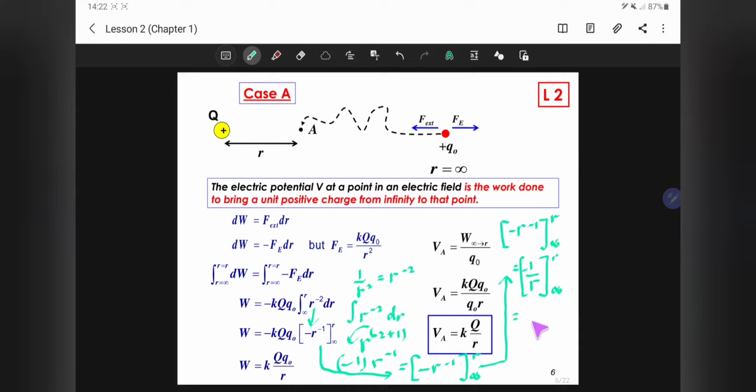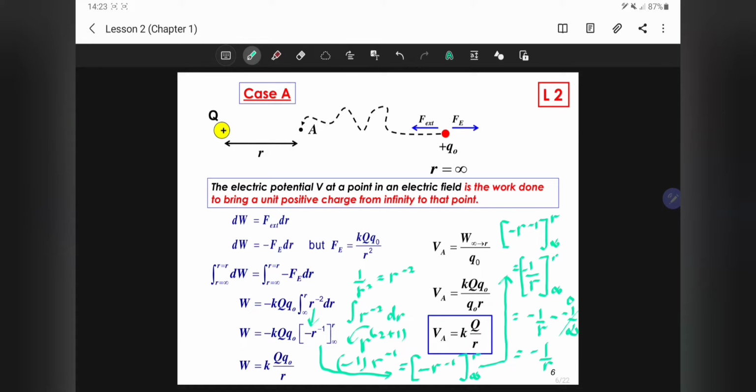Substituting, it equals negative 1 over r minus negative 1 over infinity. So 1 over infinity gives you 0, isn't it? So you will get negative 1 over r. Negative 1 over r multiplied by the negative sign gives you positive. This is how we get the final answer, which is positive.